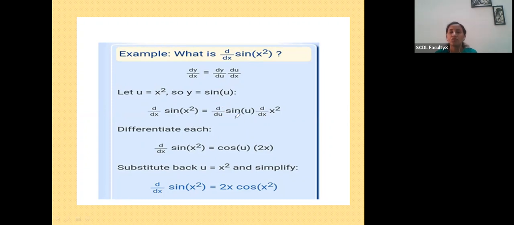Okay. So the derivative of sine u is nothing but cos u and of x square is nothing but 2x. Understood? Cos u and 2x. Now we know u is nothing but our x square. Okay. So instead of u, just put this value x square. Replace u with x square. So we write cos x square and we keep here the constant 2x. Understood?